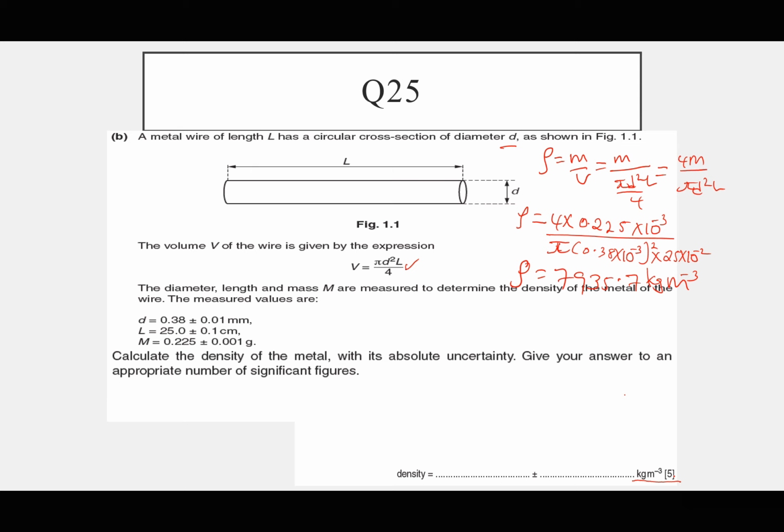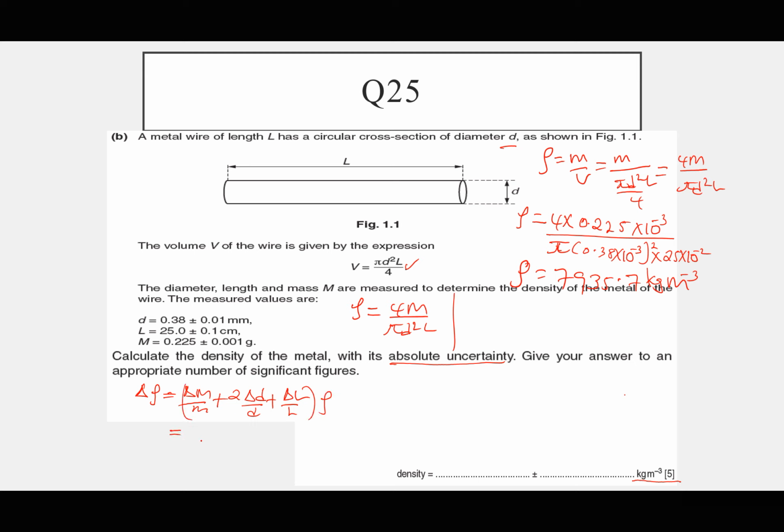So let's find the absolute uncertainty now. Since we already have a simplified formula, density is equal to 4m over pi d squared L, we shall simply say that the absolute uncertainty in rho will be equal to, we ignore the constants, the absolute in m over m, that is the fraction, plus twice absolute in d over d, plus absolute in L over L. I'll multiply this by the true value of the density.